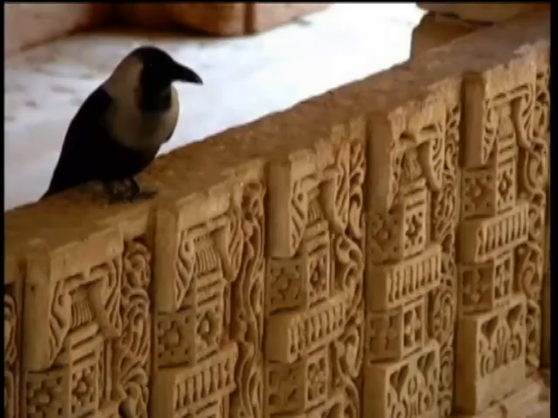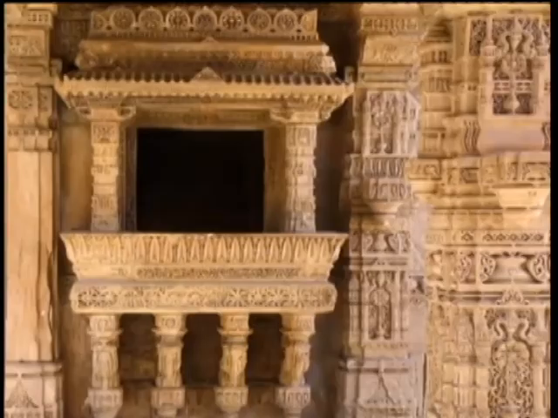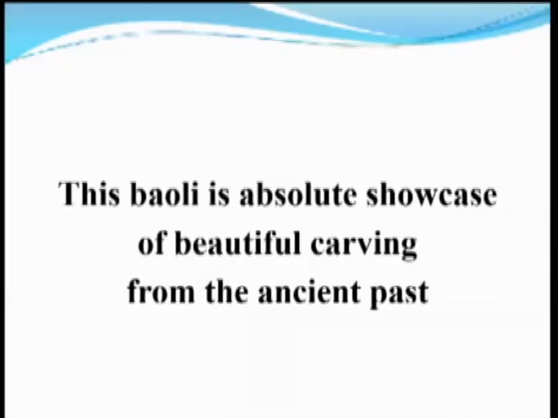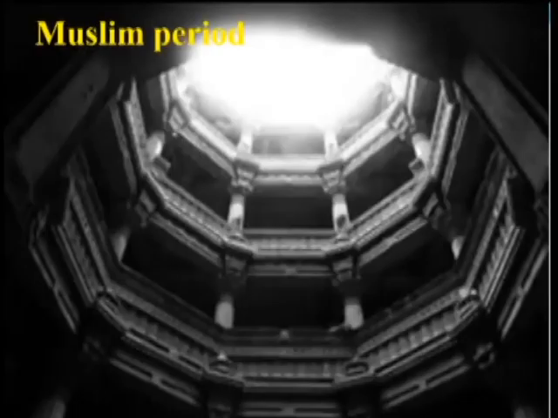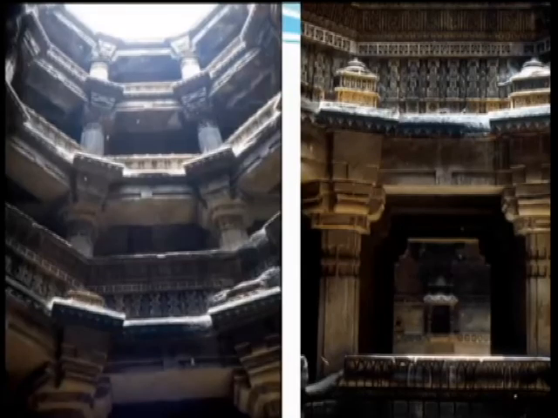So more carvings. So Kawa is also part of this Baoli. And the brackets and the changes. So I think with this we come to the end of today's lecture. It was not a very absorbing lecture, but nevertheless it gave you an idea of what a Baoli is and what a Baoli was in primitive times, and then from the primitive times to the beginning of the 19th century, the Baolis look like this.